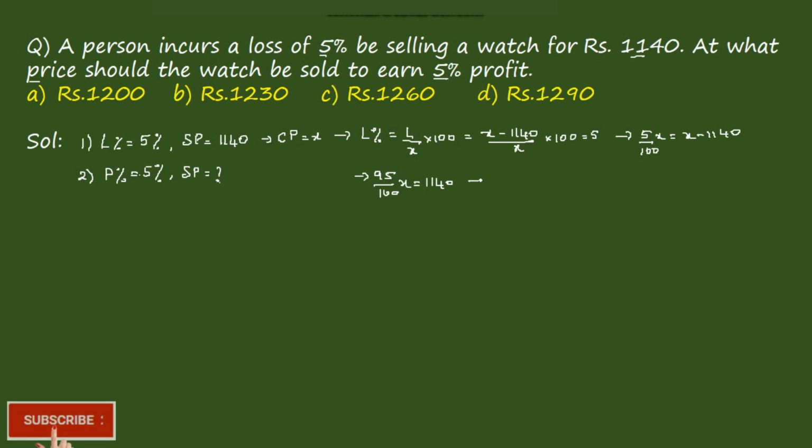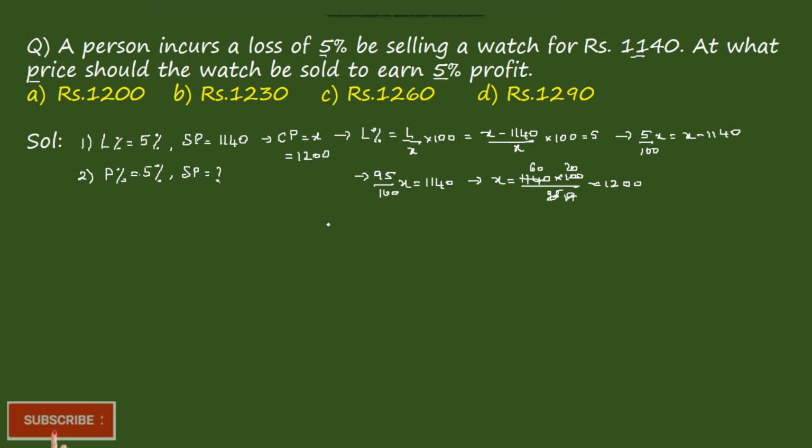So X is equal to 1140 into 100 by 95. It goes by 20, 19 goes by 60. So it becomes 1200. So cost price is equal to 1200.